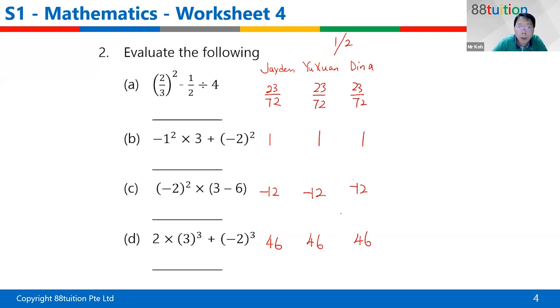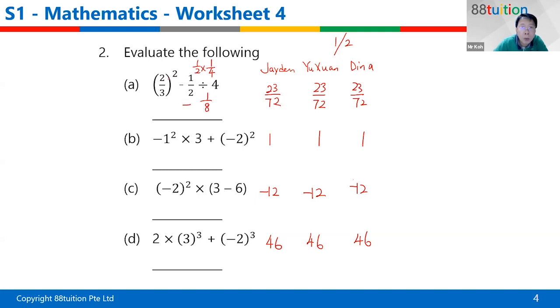Okay, now my concern is in the event you are not allowed to use a calculator, then how do you go about doing this? So half divided by 4 is half times 1/4, which is 1/8. So this is the first one that you do.